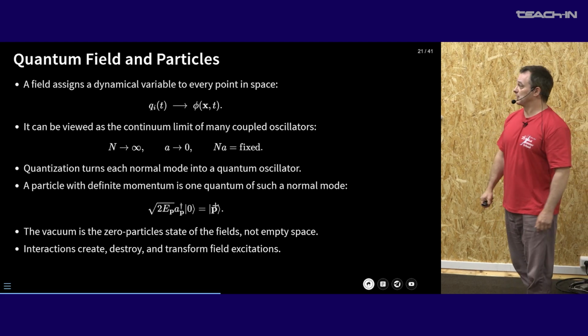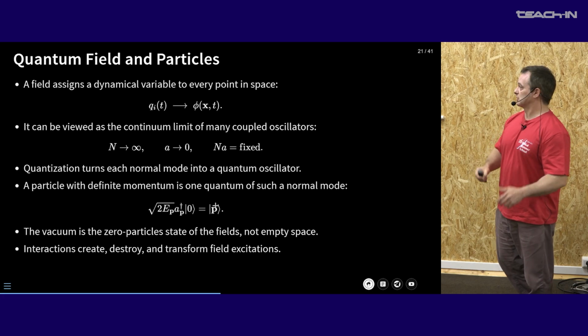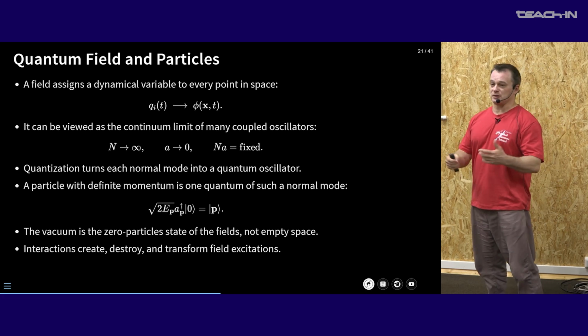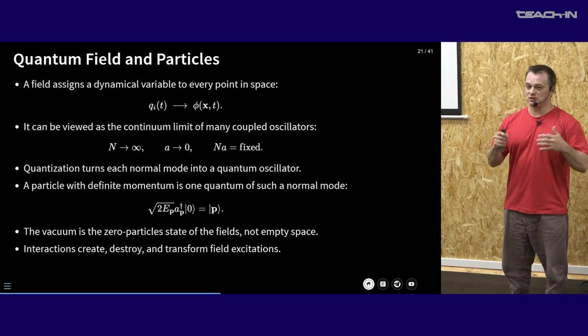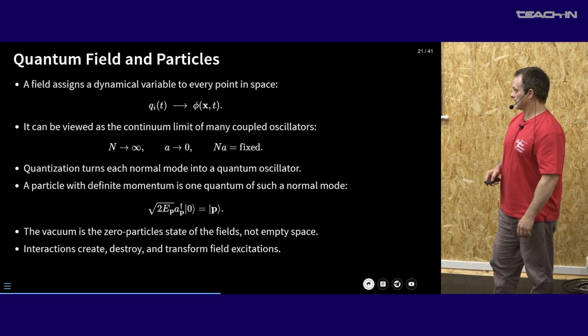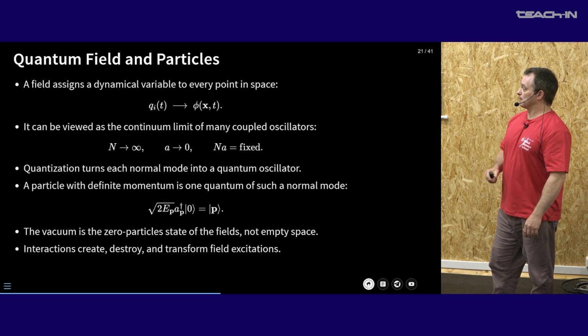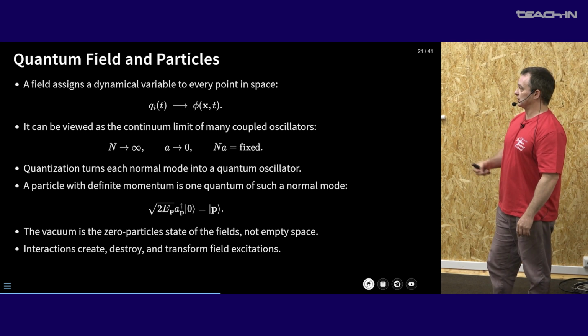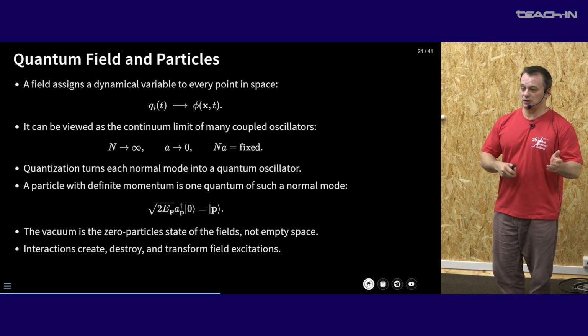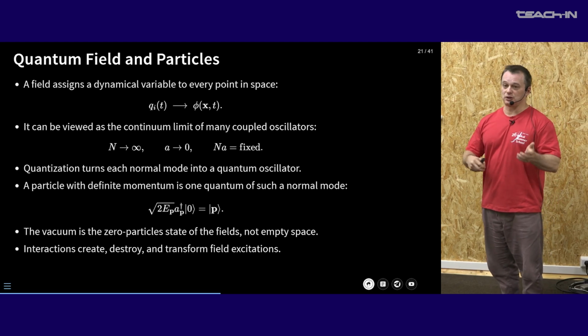So the vacuum state is the zero particle state. It is not empty space. In quantum field theory, vacuum is not empty. It is just zero particles. And then, adding interactions, it can destroy, create, and transform these field excitations into each other.